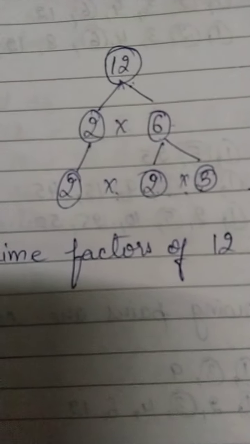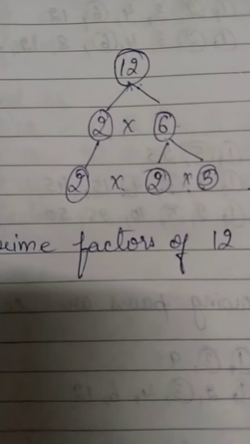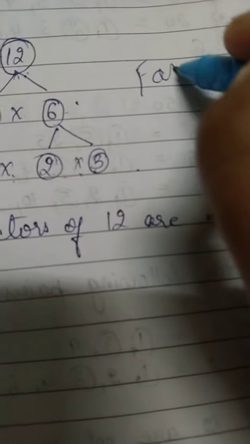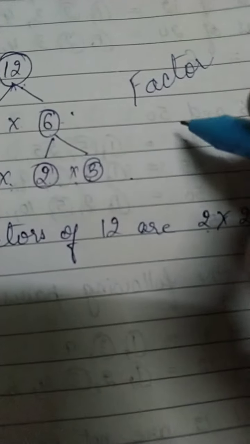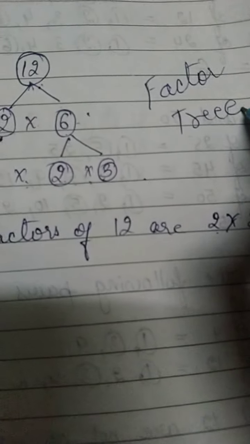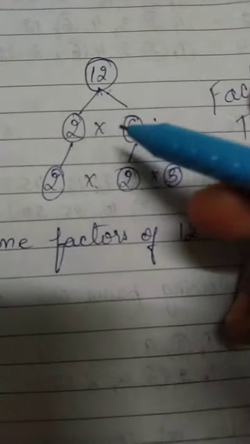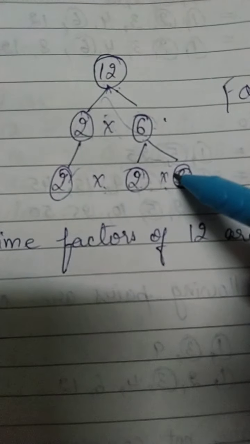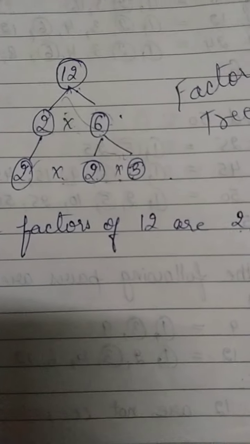This is the way to find prime factors, and this method is known as the factor tree method. Why? Because these are the factors and it is in the form of a tree. So it is known as the factor tree method.